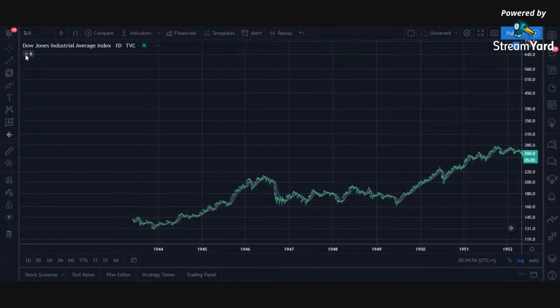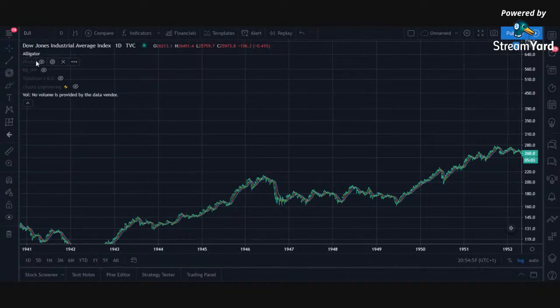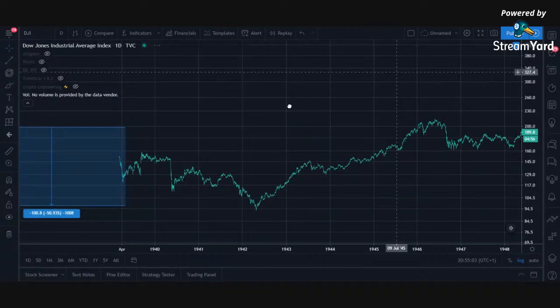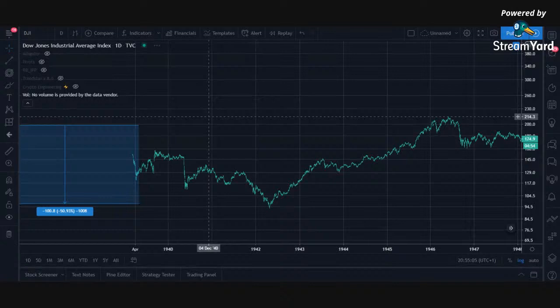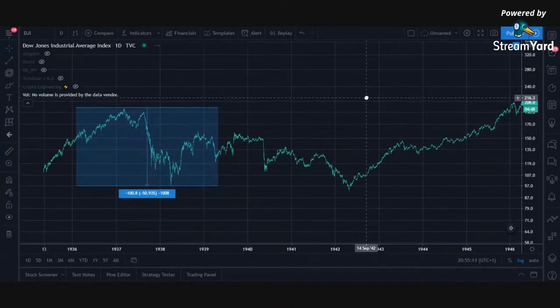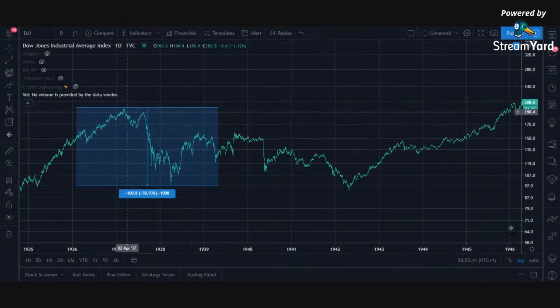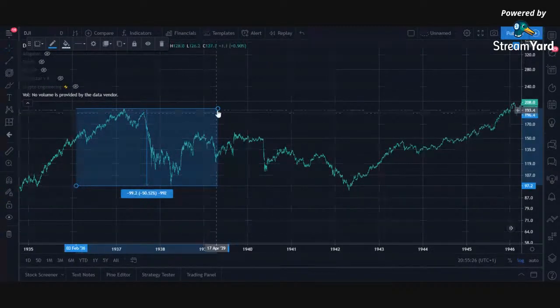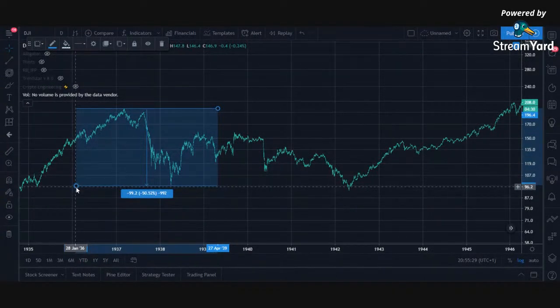Let me just take the alligator out of here. This is the one from 1937 to 1938. So this move just basically took a year.